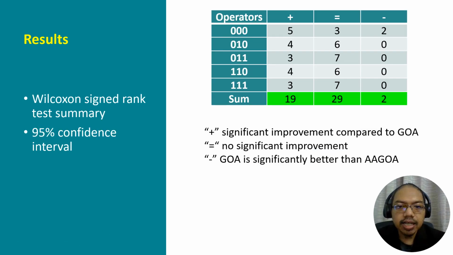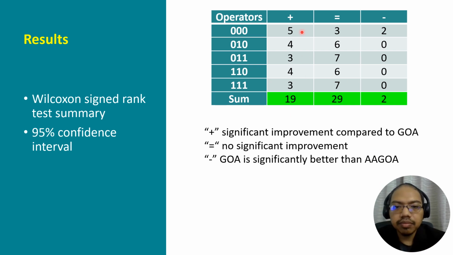The second analysis to help support our Friedman ranking test is the Wilcoxon signed-rank test. Using the Wilcoxon signed-rank test, we can identify whether the improvement is significant. Here we can see that a positive value means that our proposed algorithm produces a significant improvement compared to GOA. Equals means there are changes, but the improvement is not that significant. And of course, the minus indicates that GOA is significantly better than AAGOA.